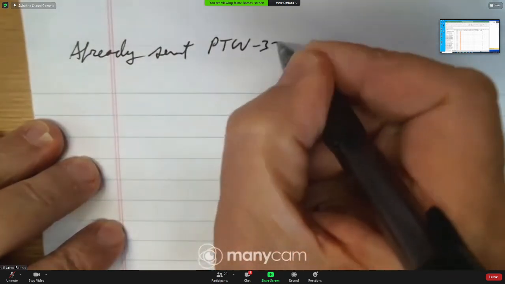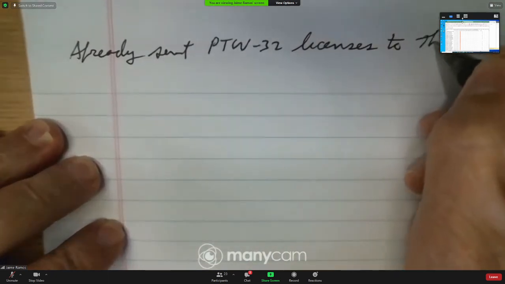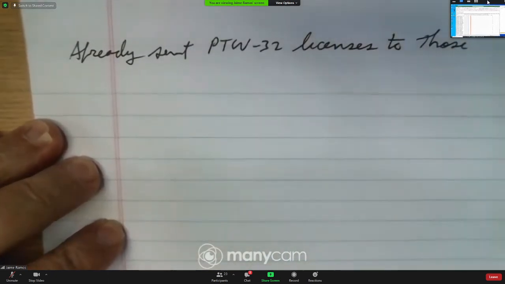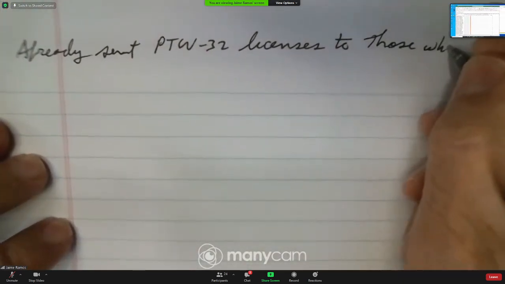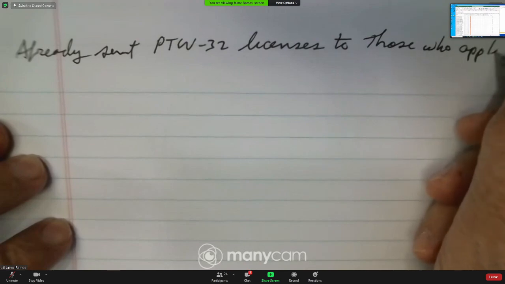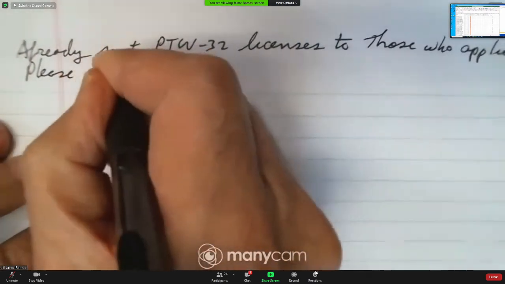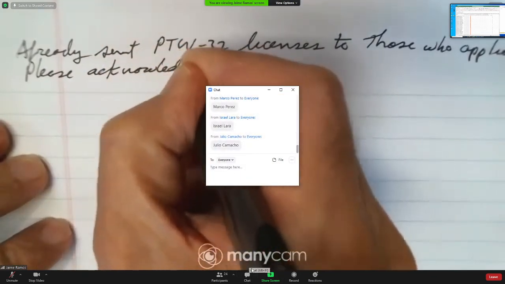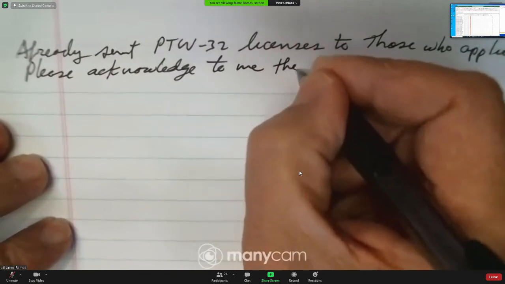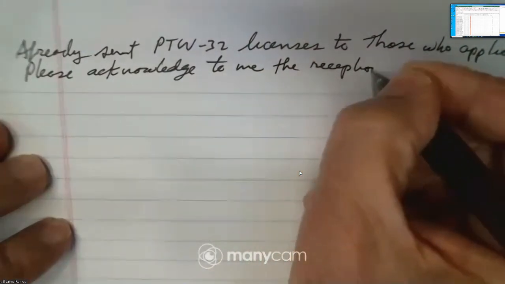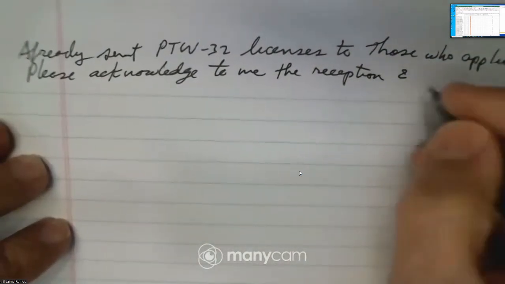PTW 32 licenses to those students who applied. So please acknowledge me in the reception and download it, okay, and operate.